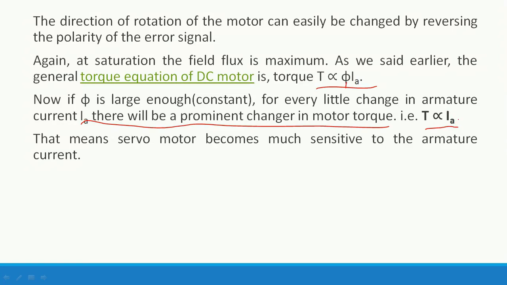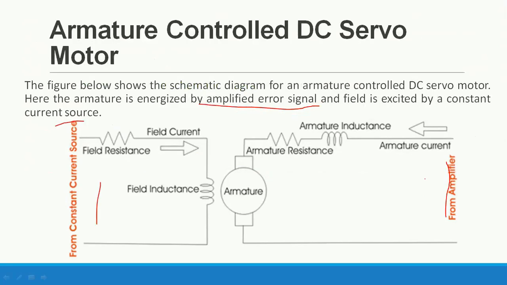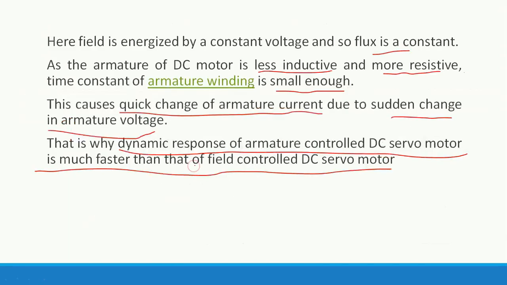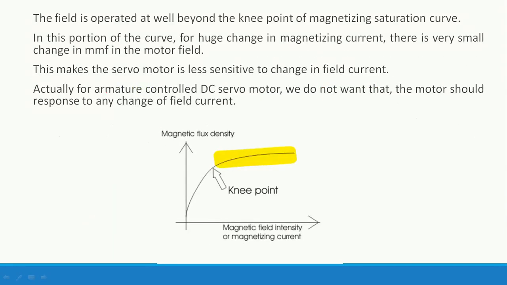That means the torque is directly proportional to, or dependent on, the armature current. The servo motor becomes much more sensitive to the armature current, whereas previously it was sensitive to the field current or flux.